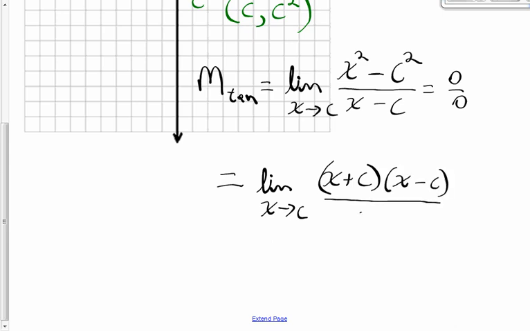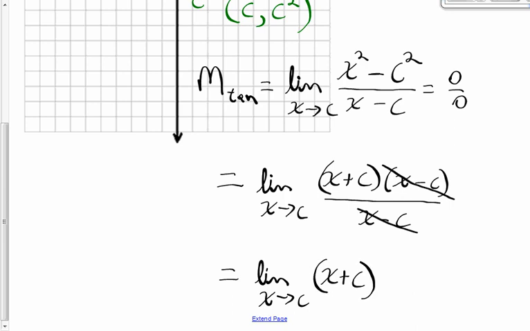And this is all still divided by x minus c. Those two factors cancel out, and I see that this is just the limit as x approaches c of x plus c. Now I calculate this limit by just plugging c in for x. As x approaches c, this just means to plug in c for x, so I get 2 times c.